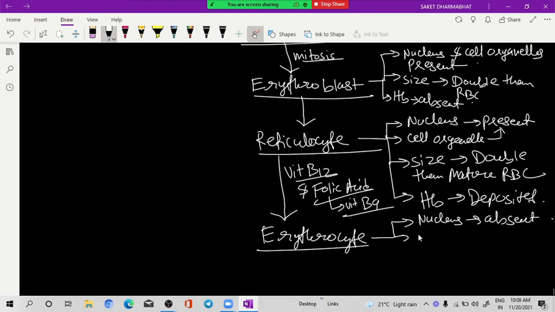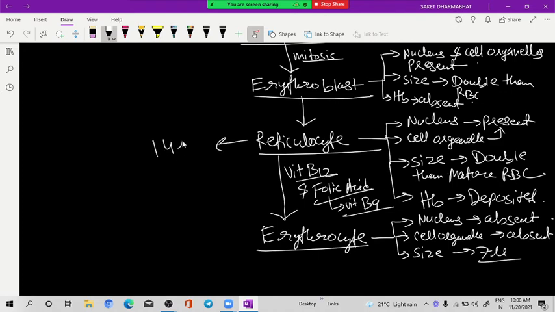Cell organelles absent. After that, size, how much? 7 microns. So what is the size of reticulocyte? 14 micron. And hemoglobin is filled.